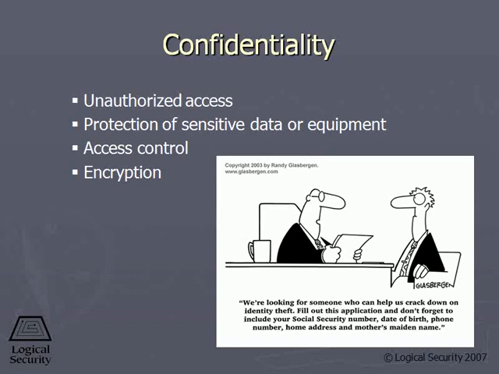Data today is the gold of the organization. That's usually what needs to be protected the most. So not only do you have to know the definition of confidentiality, but examples of what provides confidentiality.